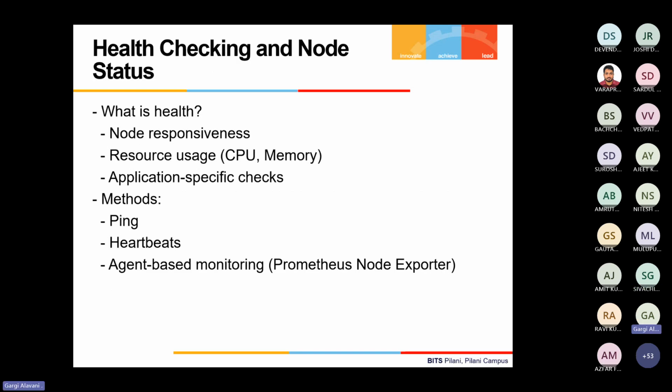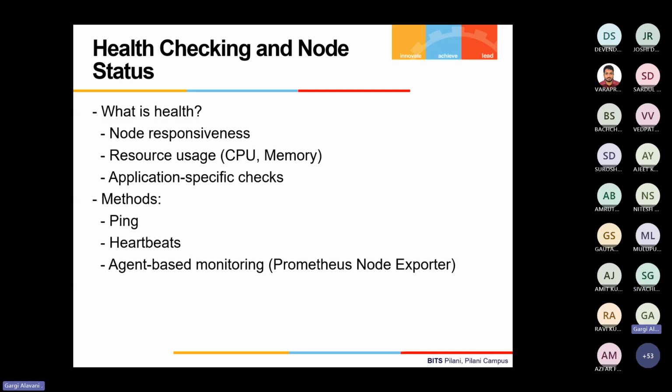So now, how do we check if a node in your distributed system that is trying to communicate is active? Health monitoring is very critical in distributed systems, and this ensures that all nodes are functioning correctly.